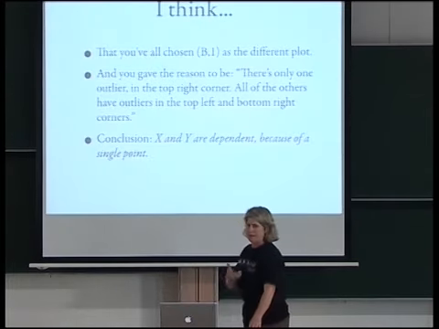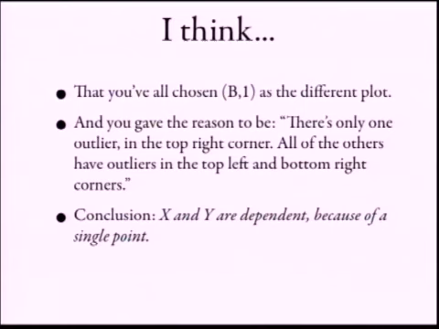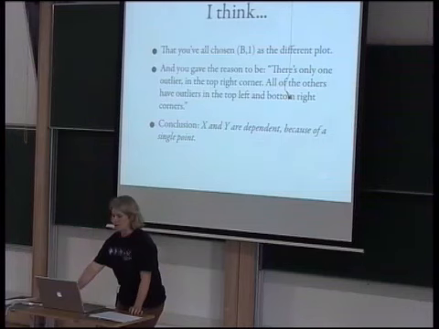As I said, I think you all chose B1 as the different one. There are differences in the way people see things. The reason you gave is that there's only 1 outlier in the top right centre, and all the others have 2. So X and Y are dependent only because of the single point. This conclusion is about the B1 plot, and the others are going to be permutations.